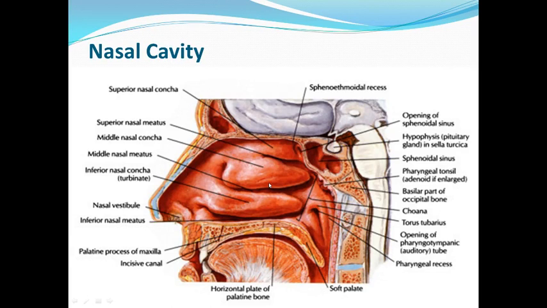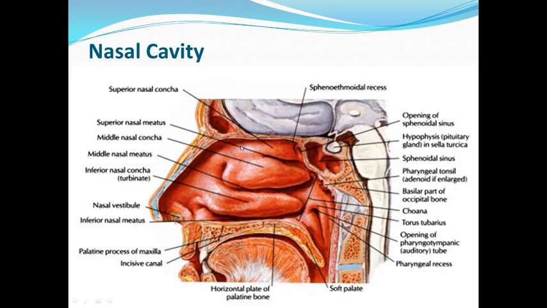One side of the nasal septum forms the medial wall of the right nasal cavity, and the other side forms the medial wall of the left nasal cavity. So the medial wall is common, and the lateral wall has a similar anatomical framework.